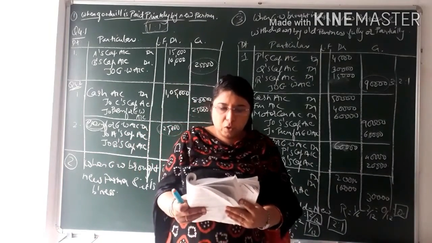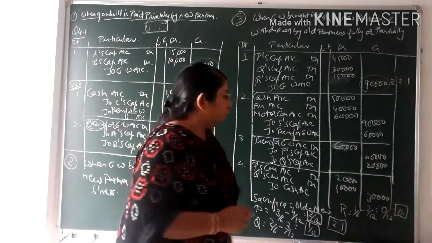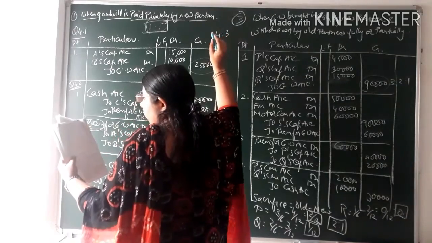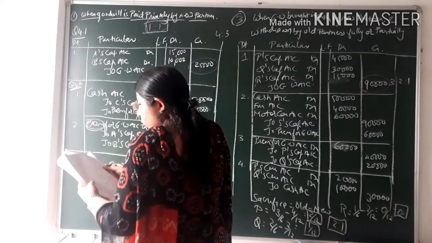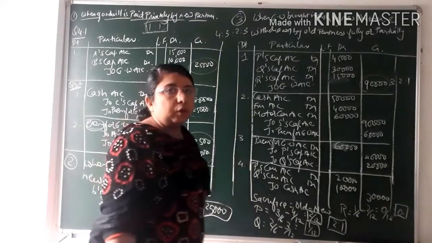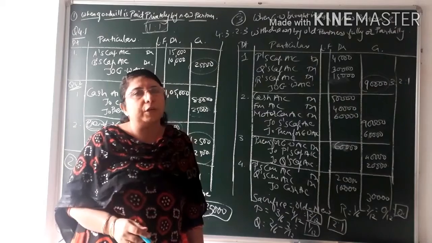So out of 2,40,000, the new profit sharing ratio is already given to you in the question, that is 4:3:2:3. It means the new ratio is also given to you, and the old profit sharing ratio is also given to you.